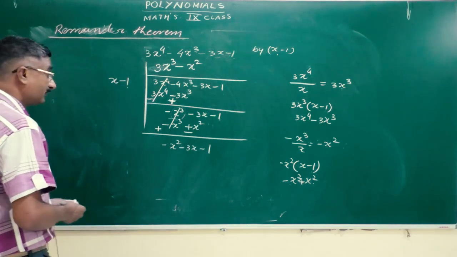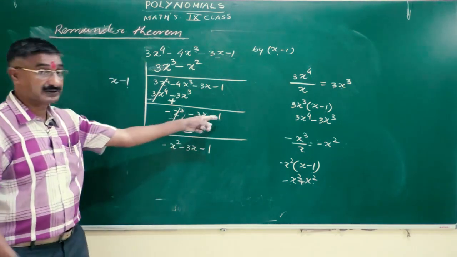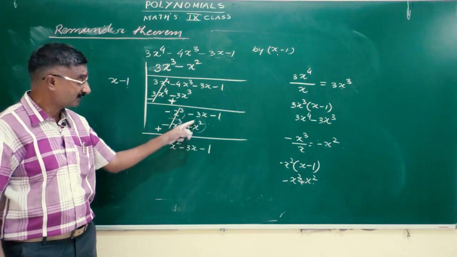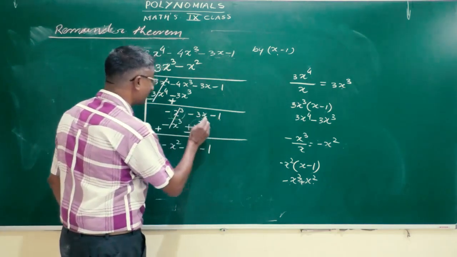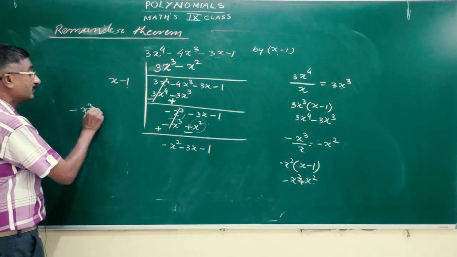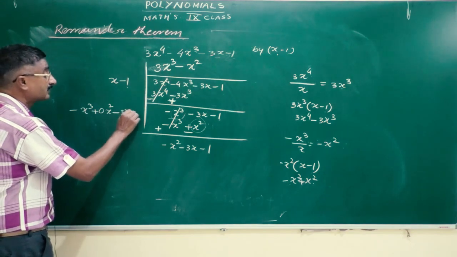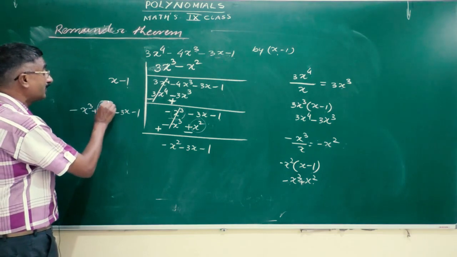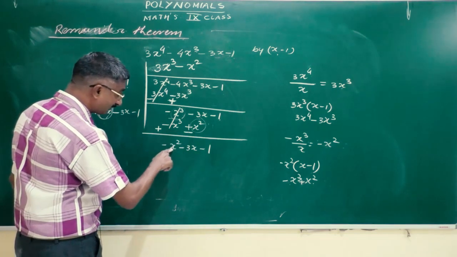Minus x square minus 3x minus 1. Keep in mind there is no x square term here in this equation. This is x square, x cube, x. So here I can write this term like this: minus x cube plus 0 x square minus 3x minus 1. So there is no term of x square, so this is minus x square.